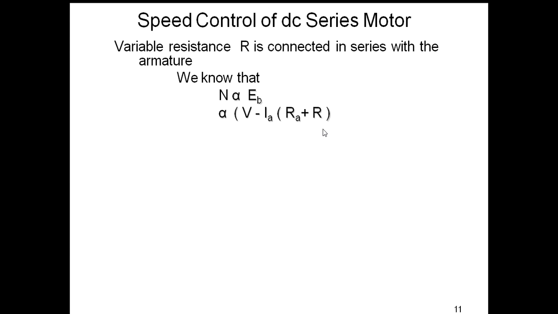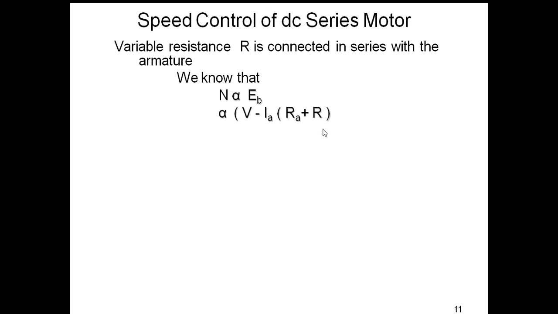Here IA is the armature current, RA is the armature resistance, and R is the resistance inserted in the circuit which is connected in series.